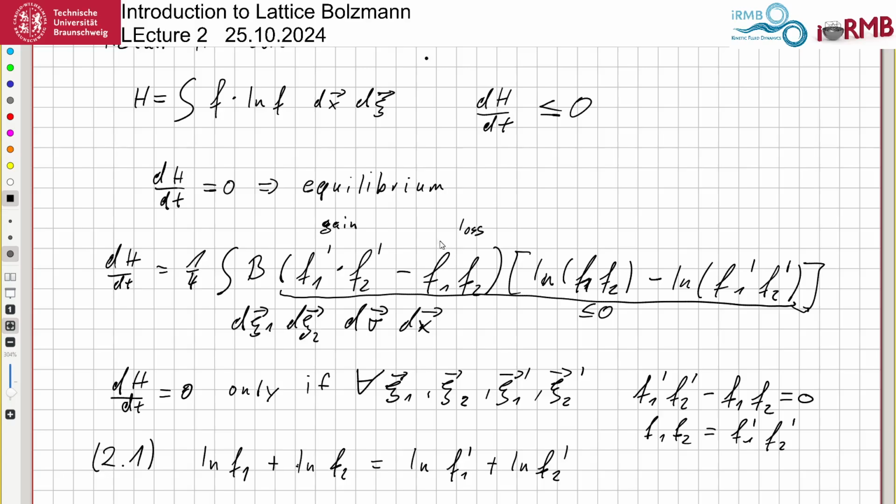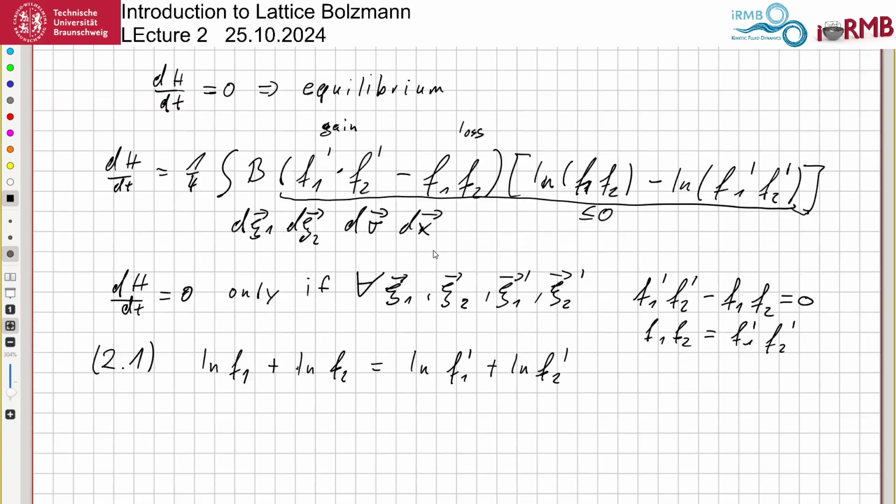Okay, so far so good. Now comes Boltzmann in 1872. Now Boltzmann proved how this looks. He didn't find how it looks, but he proved that it actually does.